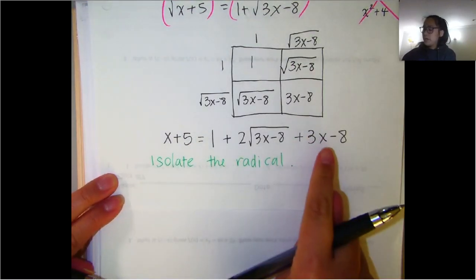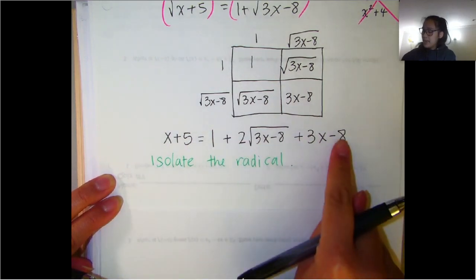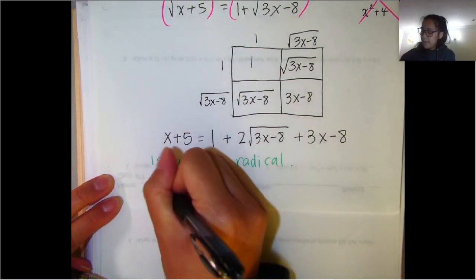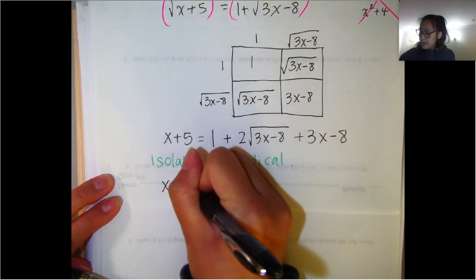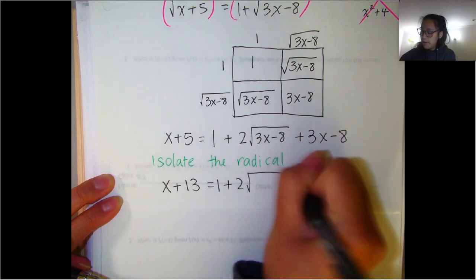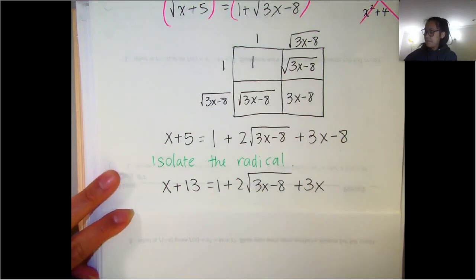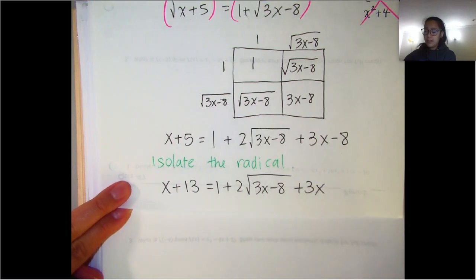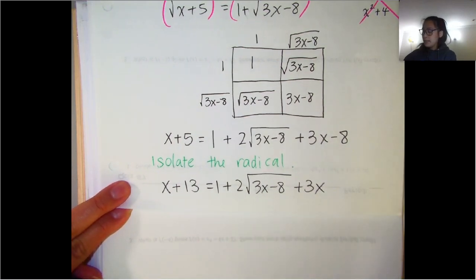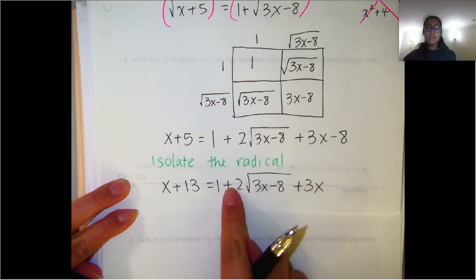So I'm going to add the 8 to the other side. If I add the 8 to the other side, I'm going to have x plus 13 equals 1 plus 2 square root of 3x minus 8 plus 3x. And then we're going to subtract the 1 from both sides. Again, we're trying to isolate the radical, so I'm getting rid of everything that's around it.